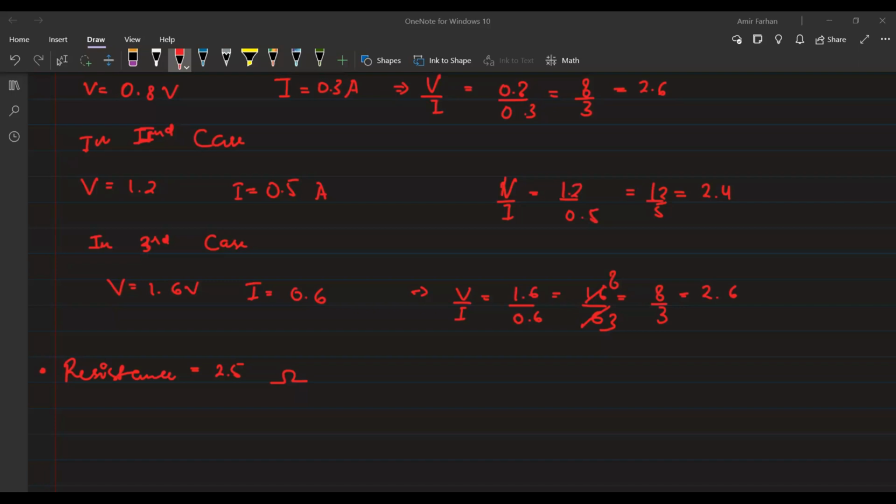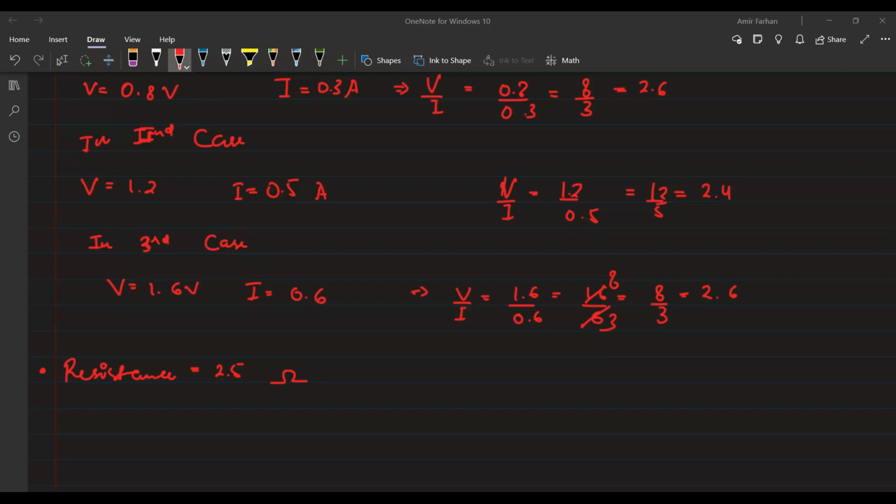Everybody, is that clear to you? Yes or no? So this will be the question. There is no such long question on this topic, graphical representation. Only a single question can be there, like this. It may be a question where you are given the values of V and I, and you have to plot a graph.